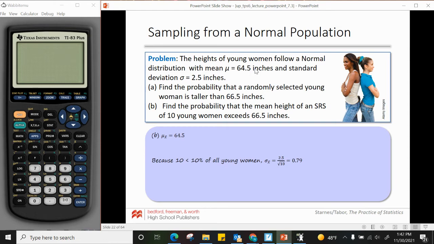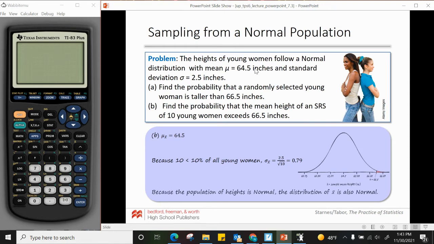So that's met. Now our standard deviation for X bar is 2.5 divided by the square root of 10. Because the population of heights is normal, the distribution of X bar is also going to be normal. If the population is normal, it doesn't matter what our sample size is.